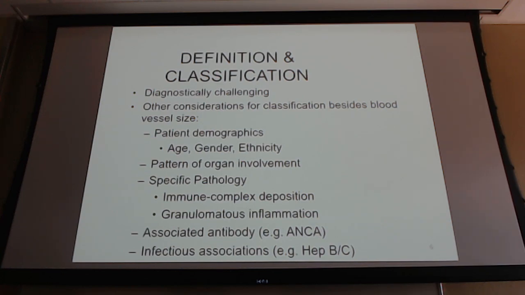Pattern of organ involvement, specific pathology, immune complex deposition, granulomatous inflammation. Okay, what are those labs that are out there? What are those other infections that are associated with it, i.e. Hep B or C?